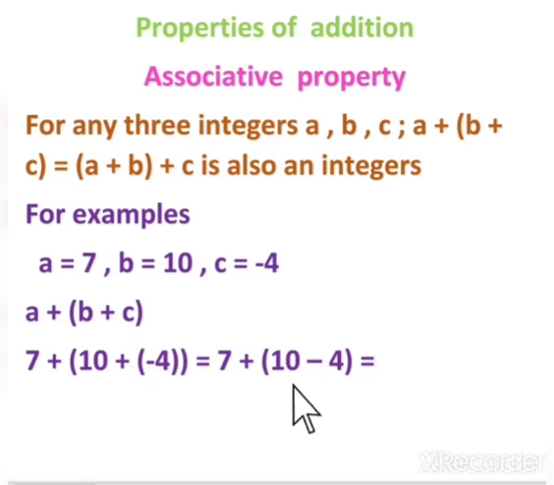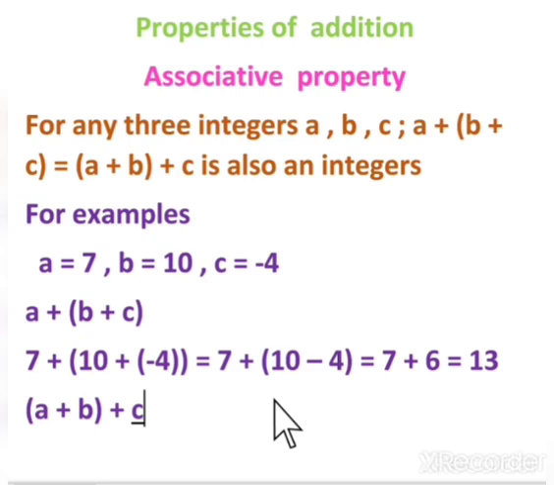We always do what is inside the bracket first. So doing the bracket first, the answer will be 10 minus 4 is 6. And then if we add everything, what is the answer we got? Yes, 7 plus 6 is 13. When we did this side, the answer we got is 13.